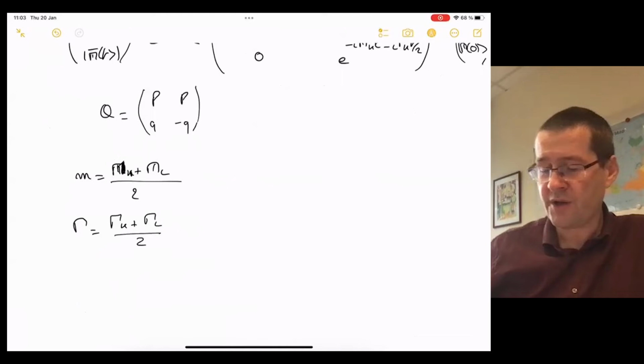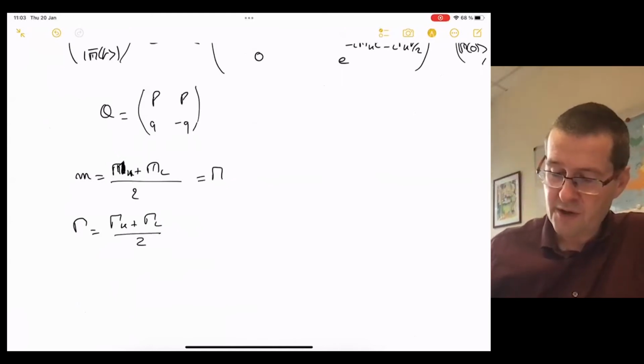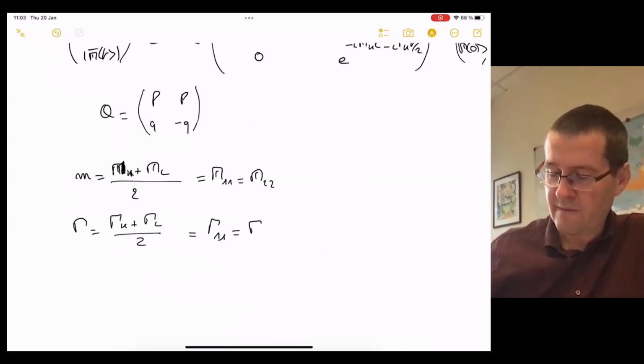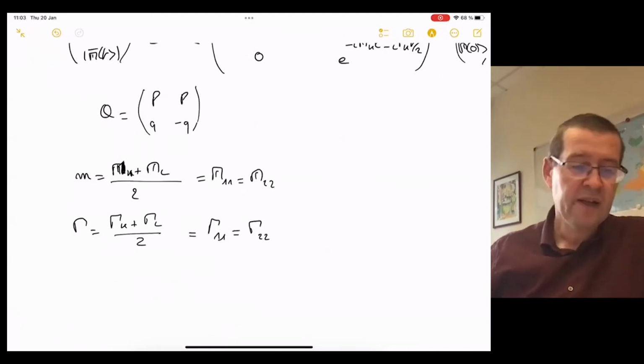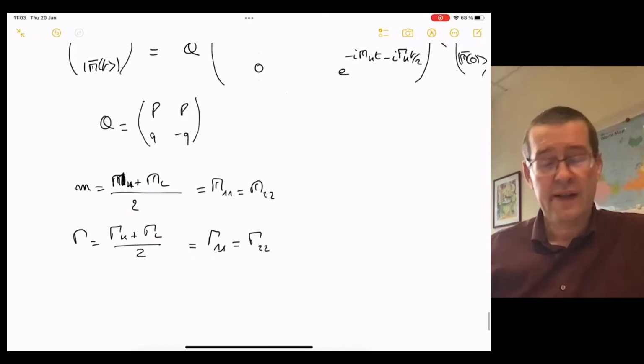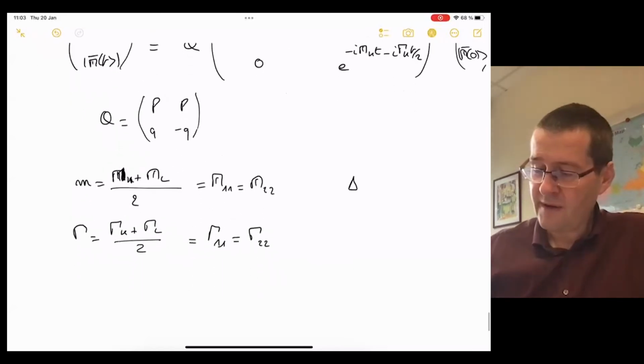So you have an average mass and an average width between the heavy and the light state, and you can show that actually they're connected to the diagonal terms. Well, you could imagine that, because if you removed any kind of perturbation, that's what you would expect in general.